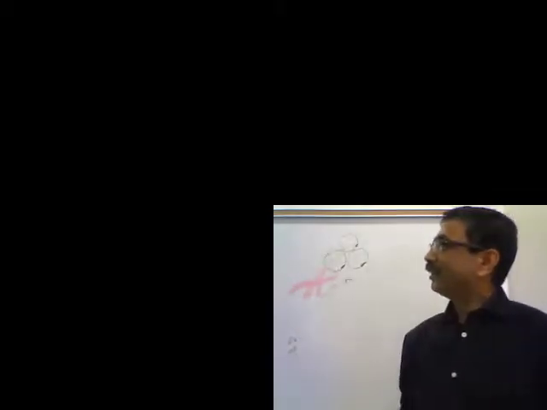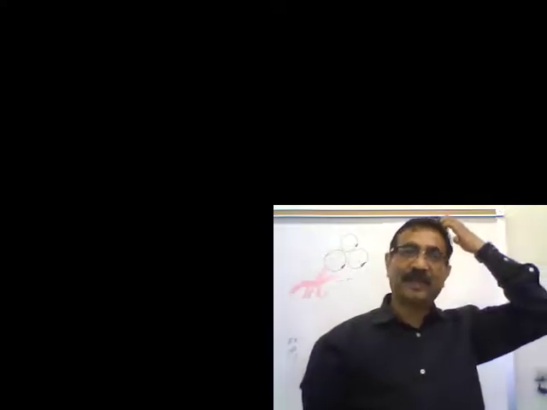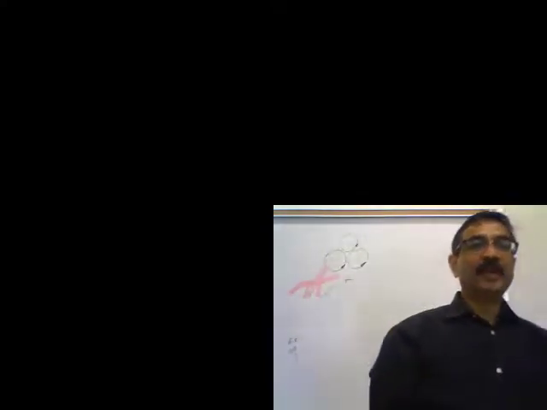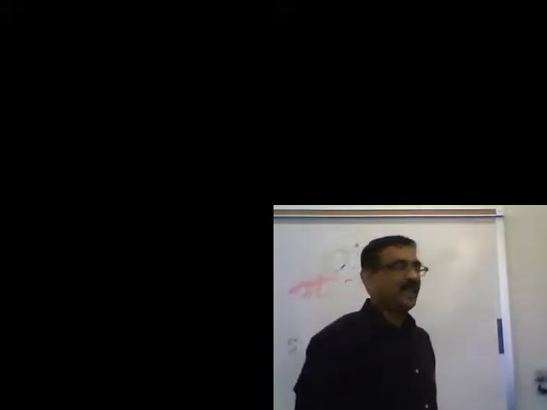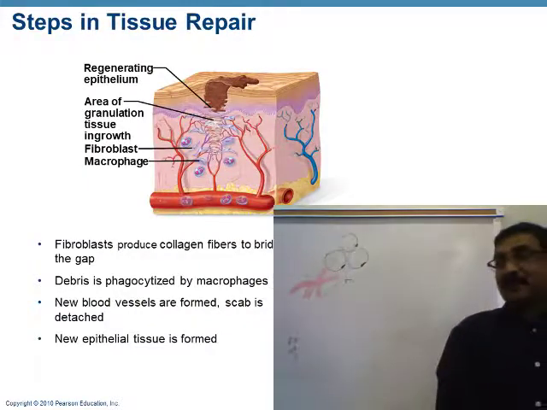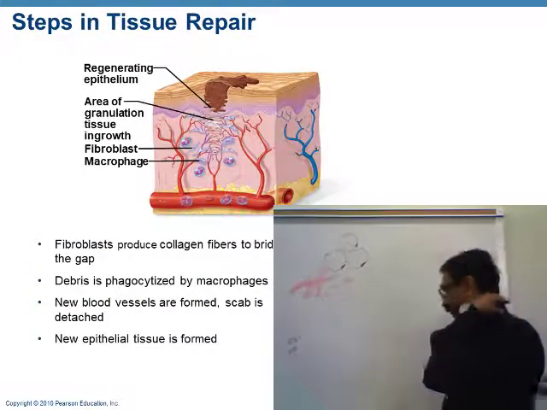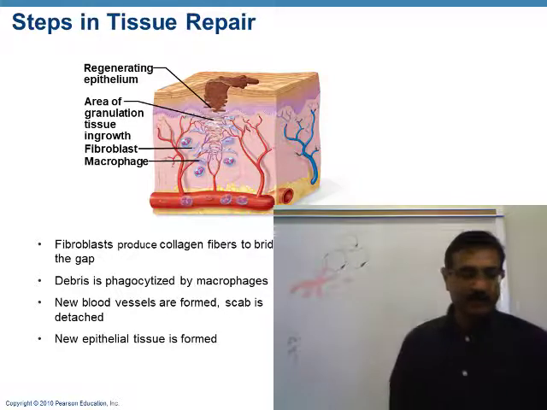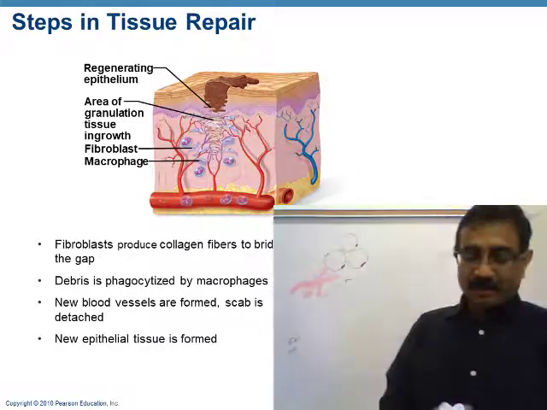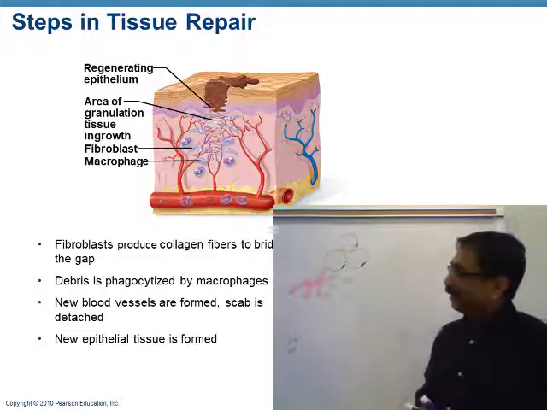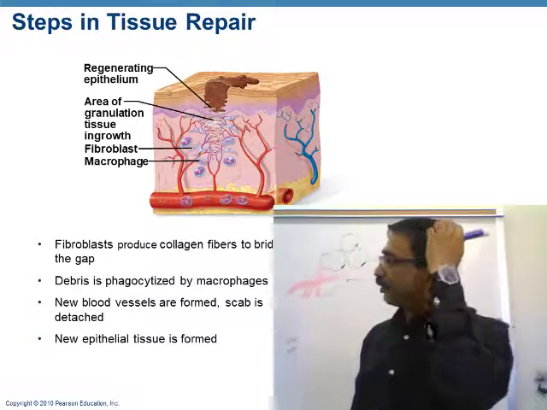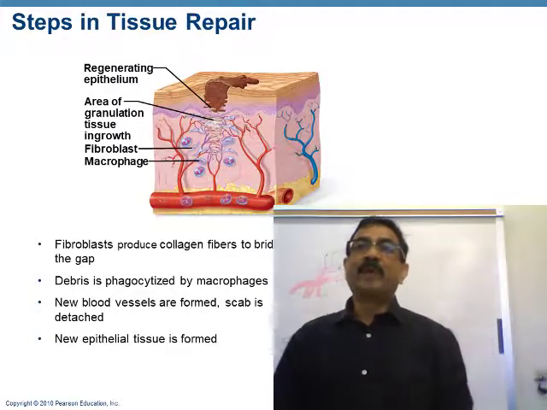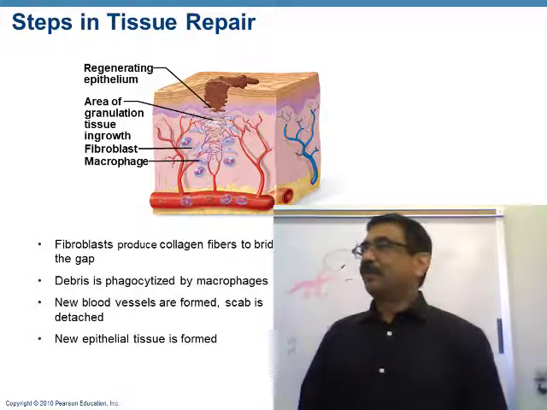The last thing, tissue repair or healing of the tissue. After injury, we know that the repairing of the tissue takes place. Now, a few things happen during the tissue repair or healing. First, in that area where the tissue has been destroyed, fibroblasts produce fibers.